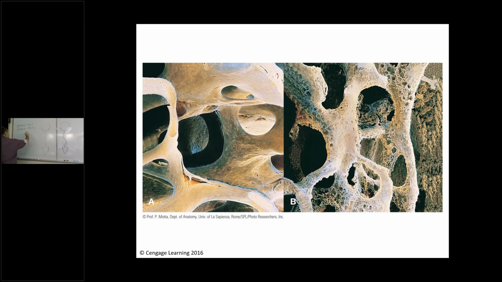The curves within a healthy body: forward curve of the neck, backward curve of the thoracic area, forward curve of the low back, and then the sacrum curving that way. This is a side view, which is called the lateral view.